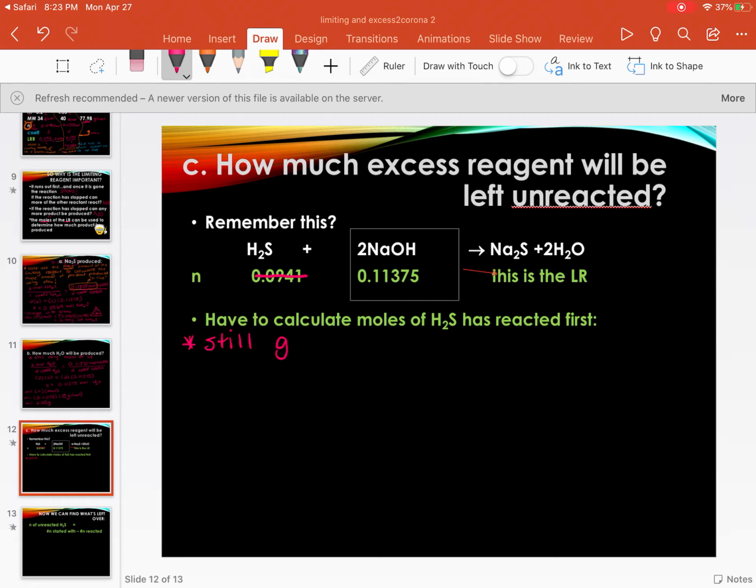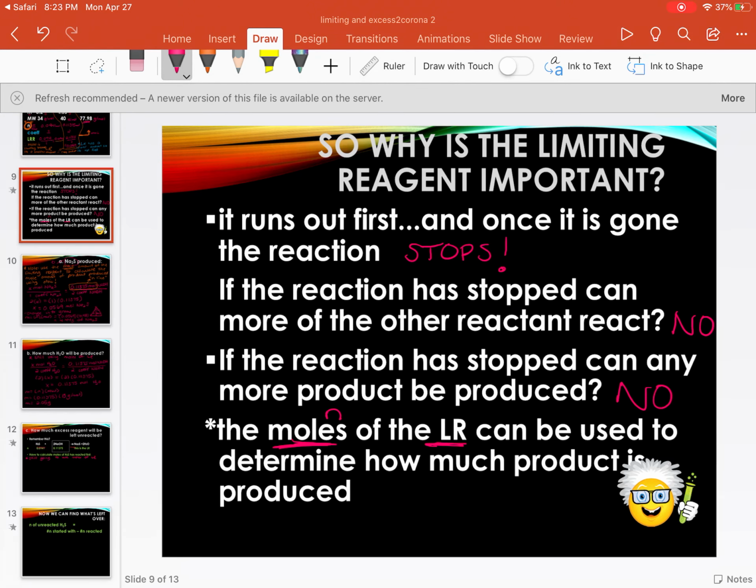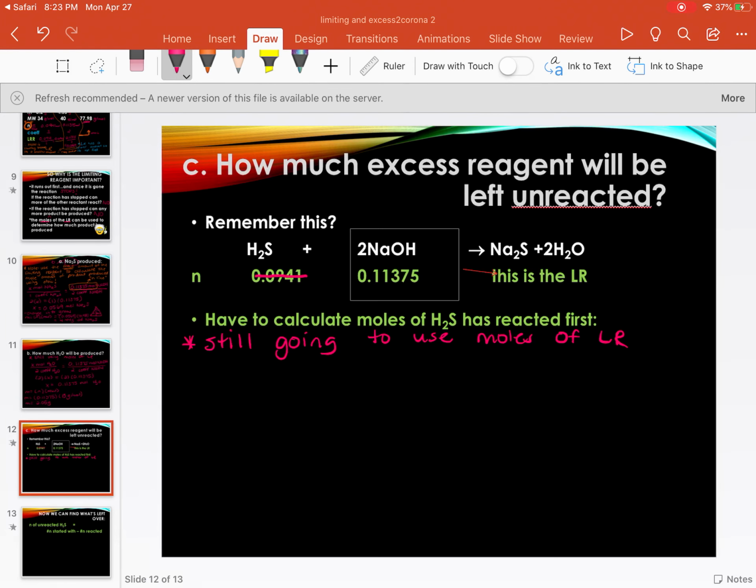And what a shocker, we're still going to use the limiting reagent, because once the limiting reagent is gone, the reaction stops. Once the reaction has stopped, no more of the other reactant can react. So it limits not only how much product can be produced, but also how much of the other reactant can react.